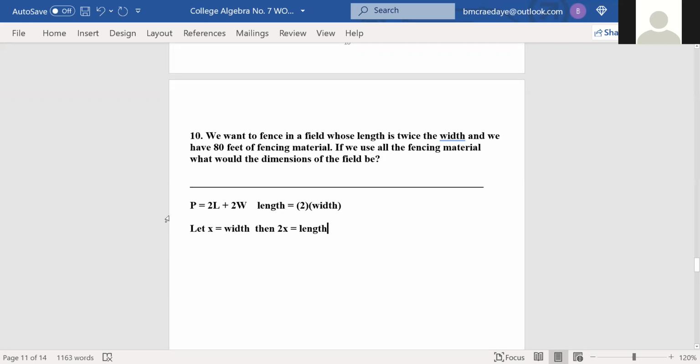We can go back up to this, P equals 2L plus 2W, and the perimeter is 80 feet. So we can put our 80 here, right? And the length is 2x, so we can put 2 times 2x, and the width is x, 2x.